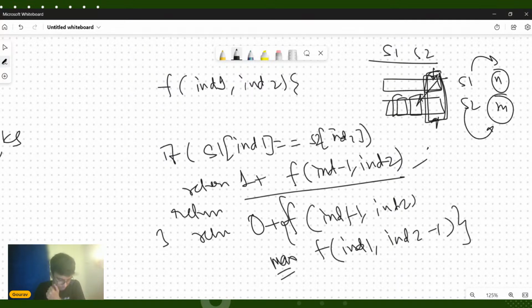Anyone, any idea how we will try to reduce this time complexity? Yes, exactly. We will try to memoize this particular recursion and then we can proceed further.